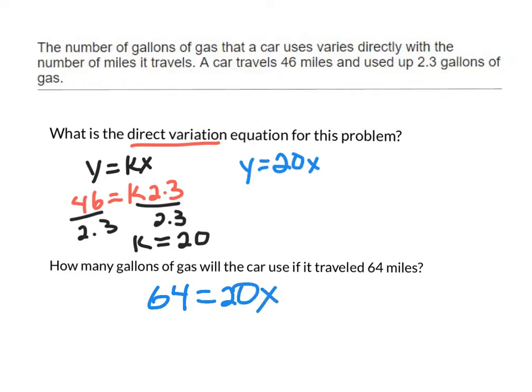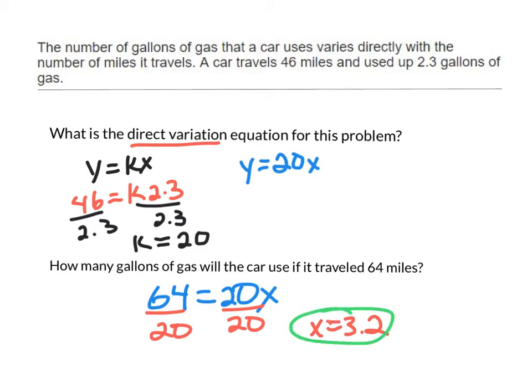And if we want to solve for x, we divide by 20. And 64 divided by 20 is 3.2. So x would equal 3.2, or that is how many gallons of gas for this specific situation.